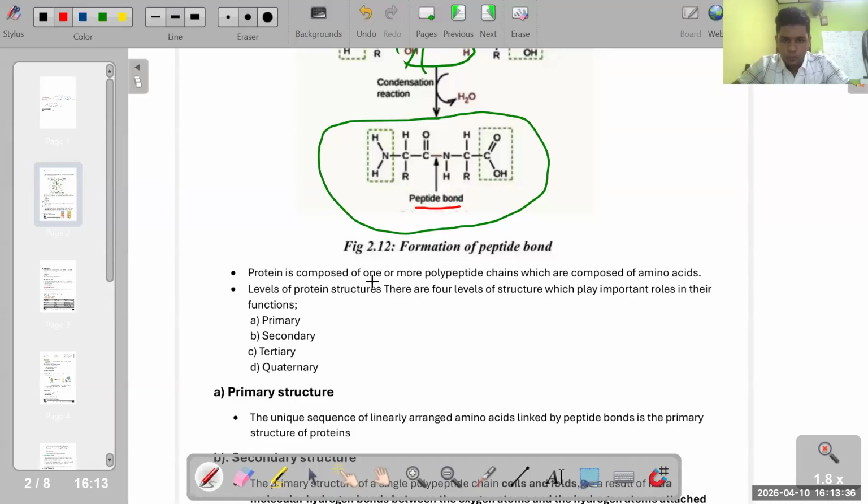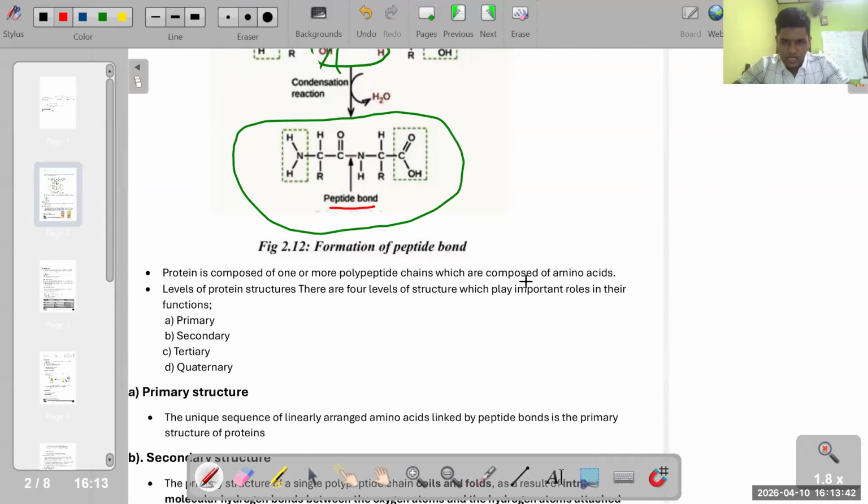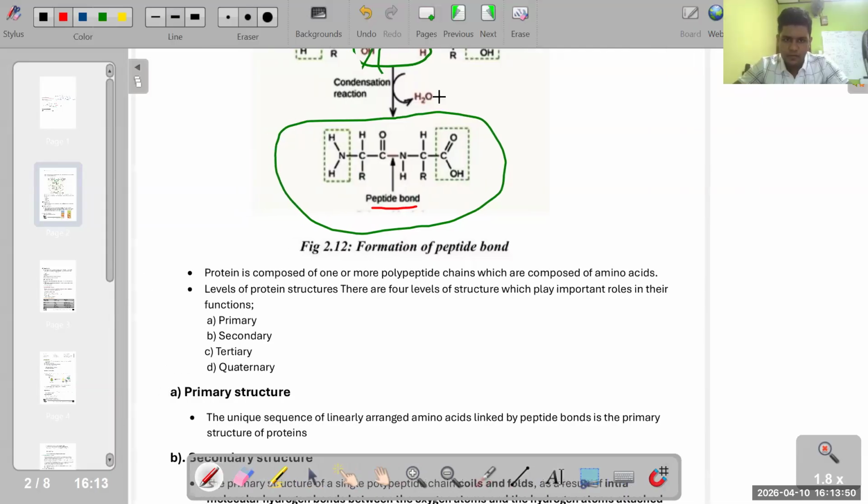Okay, let's move to the other part. Protein is composed of one or more polypeptide chains which are composed of amino acids. Now see here, how many amino acids are present in this circle diagram?